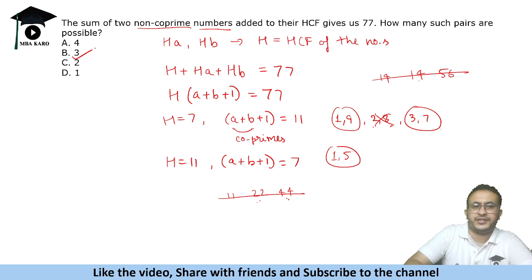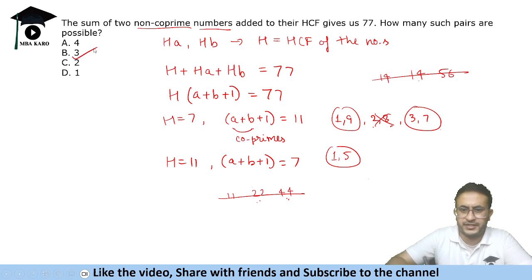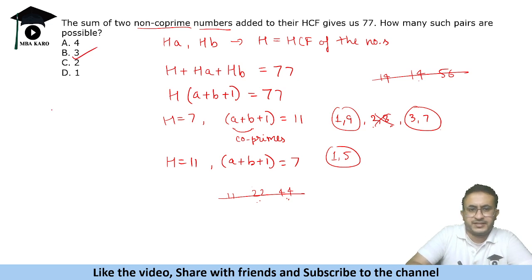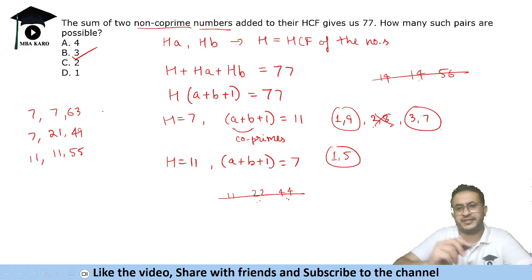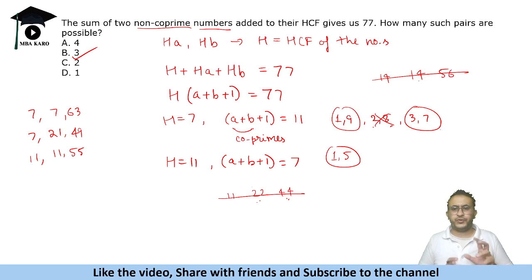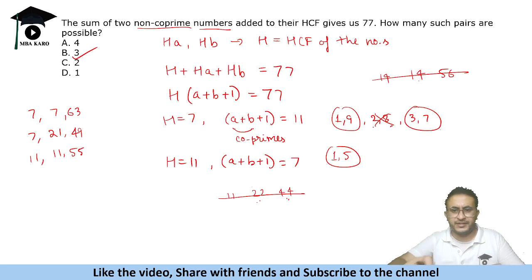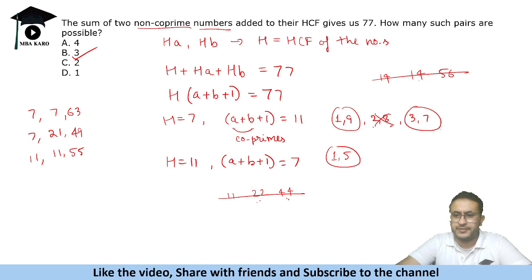So we have three such pairs. The numbers are 7 and 63, 21 and 49, and 11 and 55. Their HCF is 7, 7, and 11. Adding, we get 77. So it was a crucial question on HCF and the use of co-prime numbers to get the desired sum.